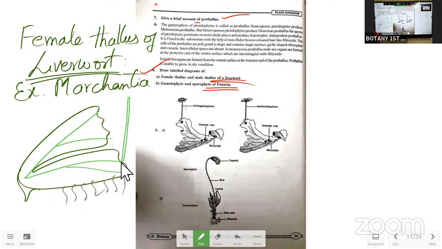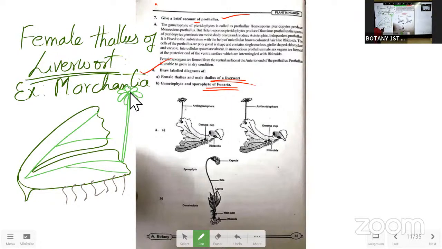A stalk-like structure for the antheridia. After that, we have to draw a flower-like structure. That's it. That is the archegonia.